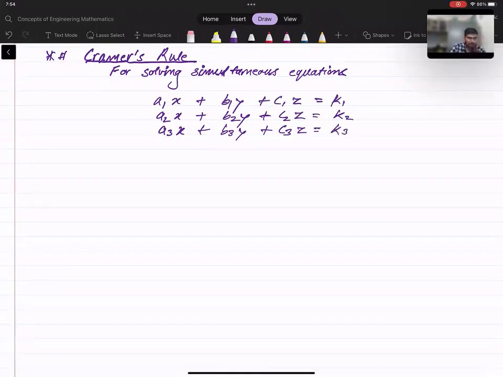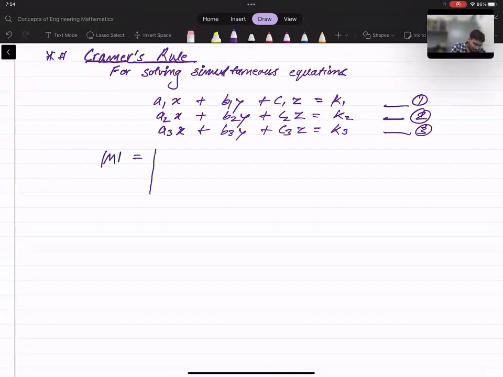So these are the three equations, and if we need to find the solutions to them, then we can implement Cramer's rule. Cramer's rule says that first let us write the determinant of coefficients. Say this is m.